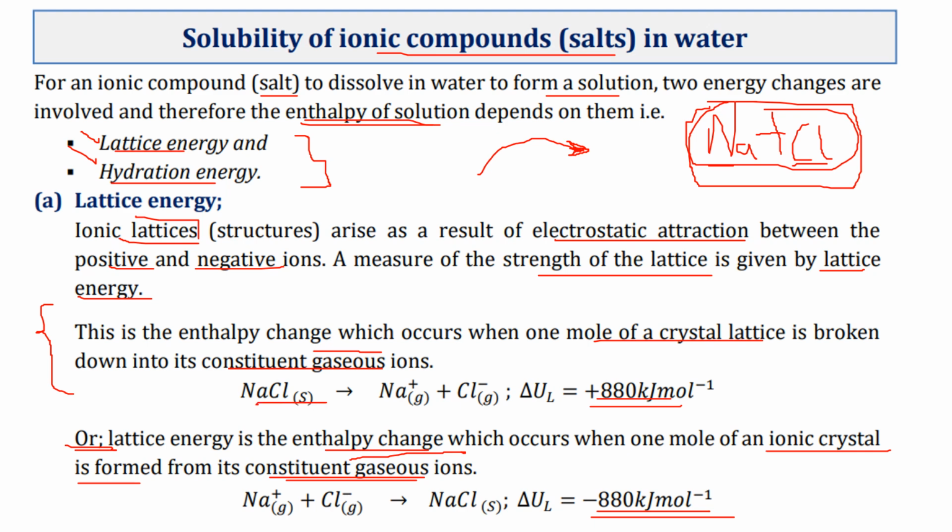So we are looking at breaking the bonds so that we give off the constituent gaseous ions. Since it's breaking the bond, that means it's going to be the energy required. So lattice energy is the energy required when 1 mole of a crystal lattice is broken down into its constituent gaseous ions. So you have to pay close attention to that.